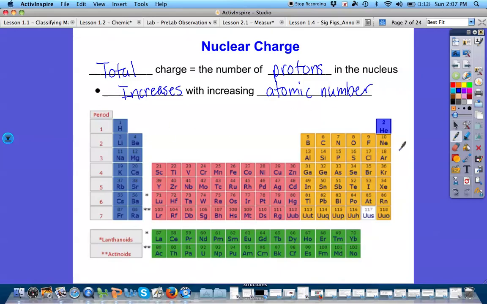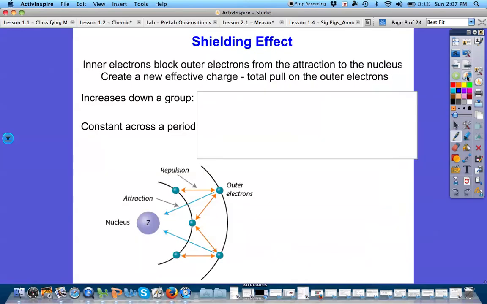So as we go across the period, our atomic number increases, so the nuclear charge is going to increase. As we go down a group, the atomic number increases, so the nuclear charge is also going to increase.